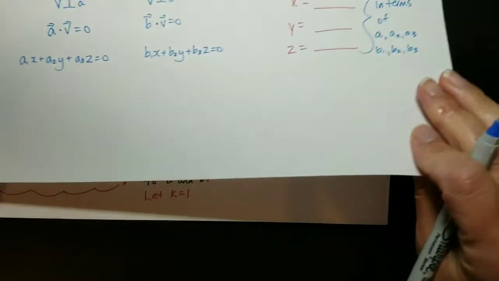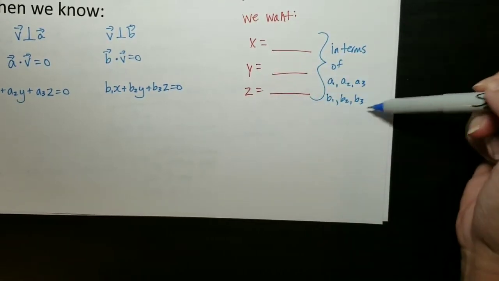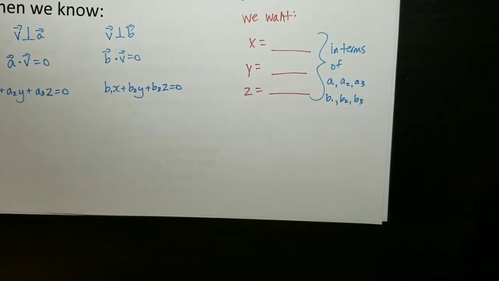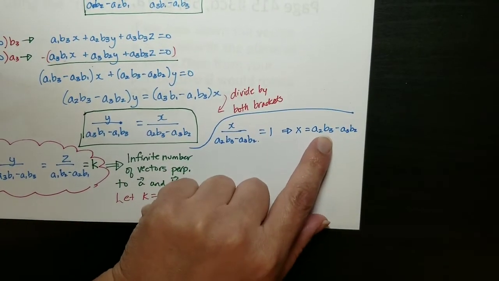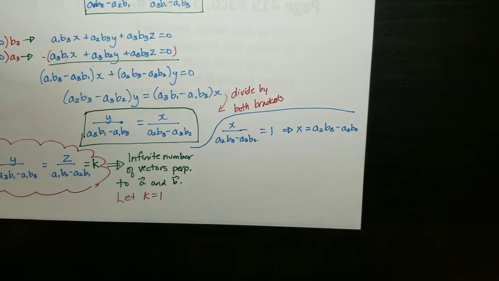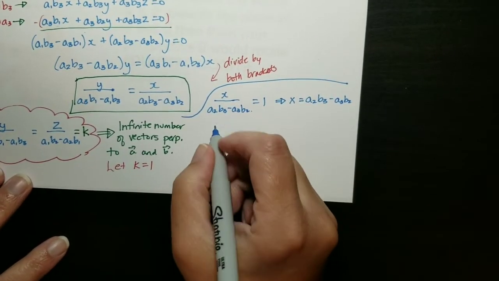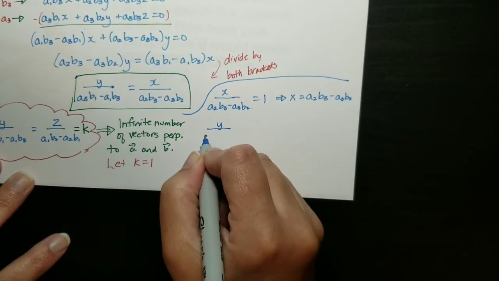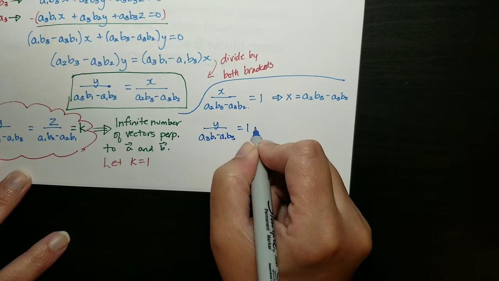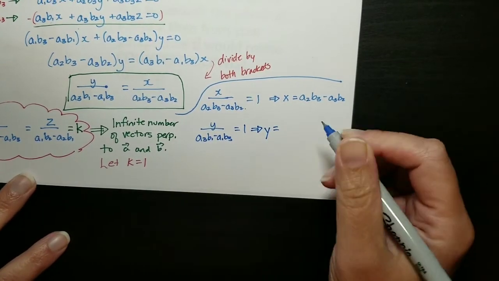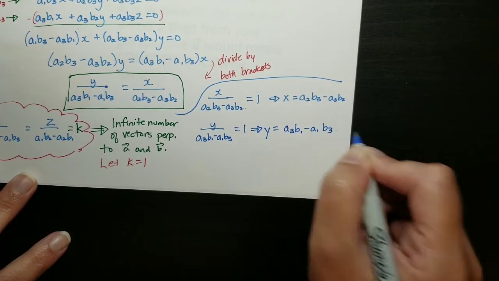Remember back on this nice page before we saw this mess, we said we want x, y, and z in terms of A1, A2, A3, B1, B2, B3. Now we got x. X is A2 times B3 minus A3 times B2. We're going to do the same for y and z. So y over A3B1 minus A1B3 equals 1, so then y equals A3B1 minus A1B3.